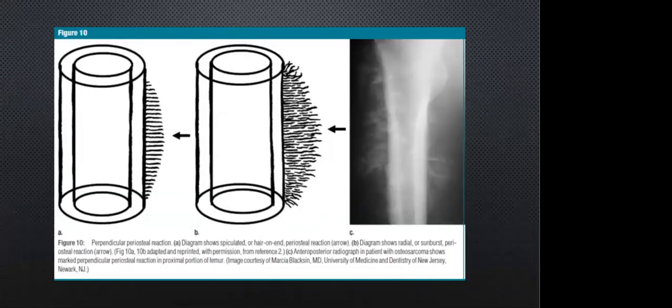Esse seria o pior cenário, essa reação periosteal em forma de raios de sol, perpendicular ao plano cortical. Isso seria a reação periosteal que mais nos levaria a pensar em processo maligno.